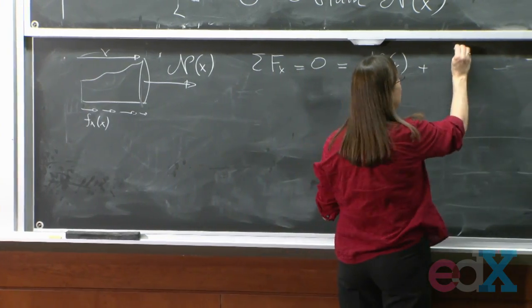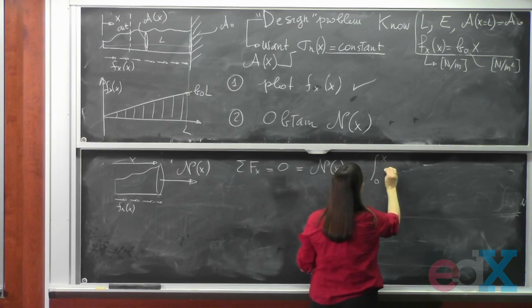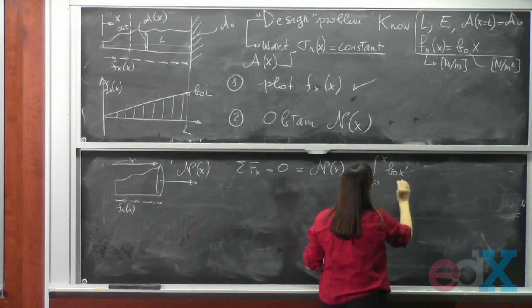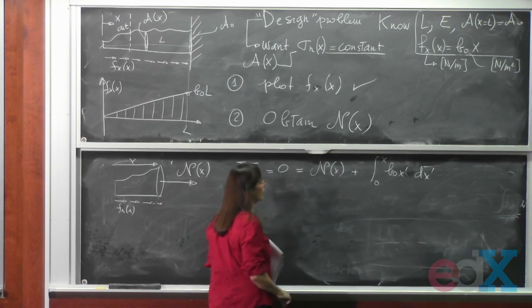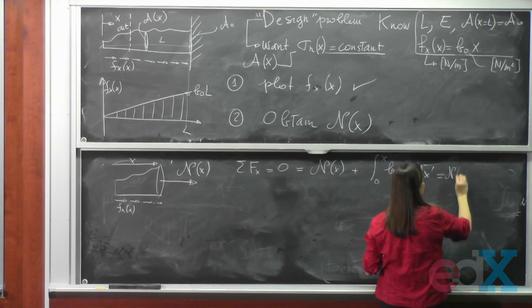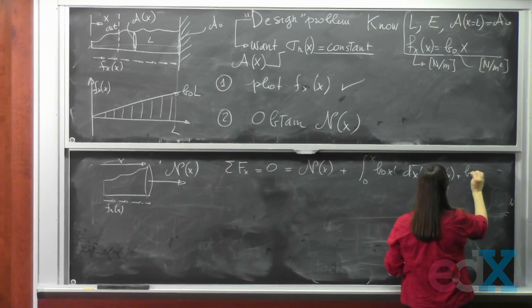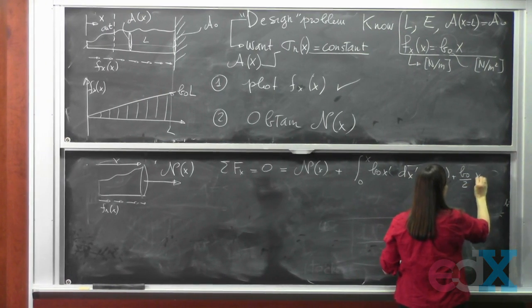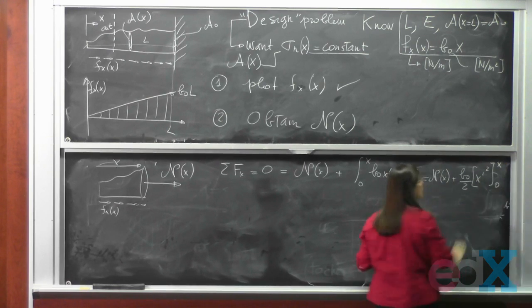So I have to do the integral from 0 to x of Fx of x, which is B0x, dx. Okay, so that is n of x plus B0 over 2 x prime squared between 0 and x.